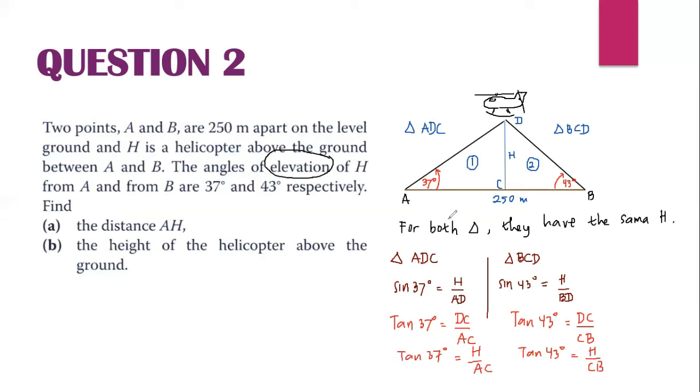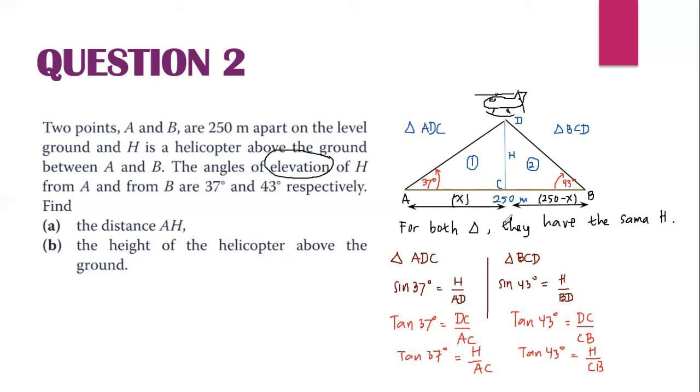Okay, so let's say AC is x. Yeah? Let's say AC is x. So automatically CB is 250 minus x, right? Very easy, right?